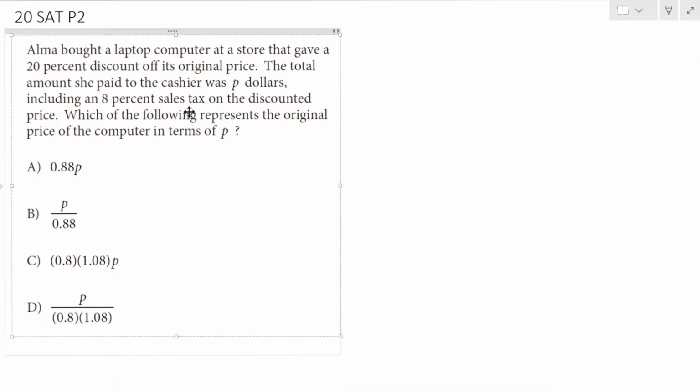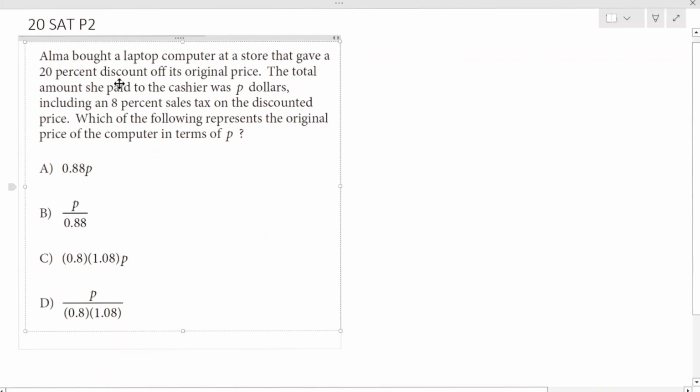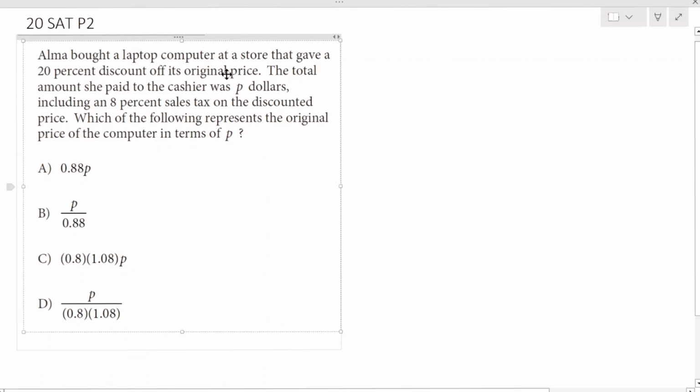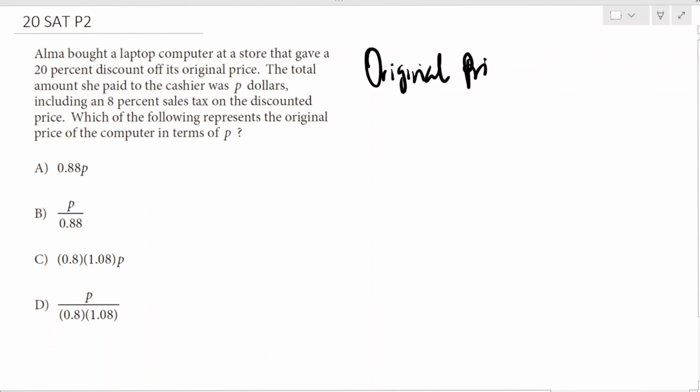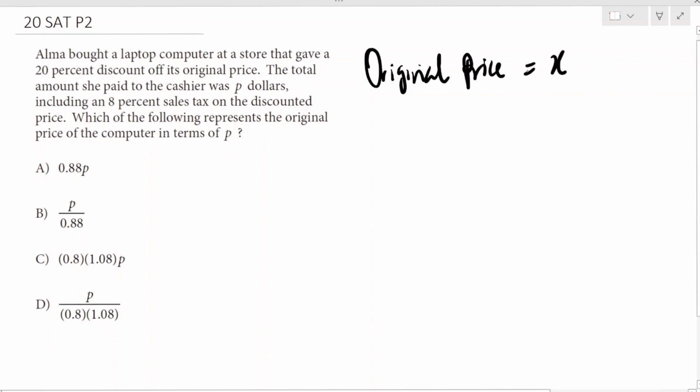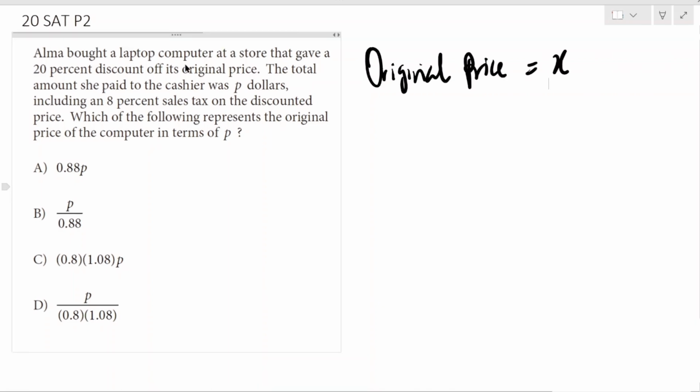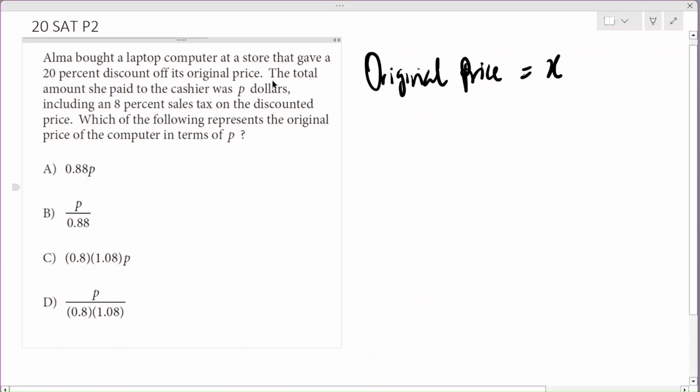Let's get out our facts. Alma bought a laptop at a store that gave 20% discounts off the original price. The original price, let's say it's X. If she gets 20% off the original price, she will be paying 80% of the price. 20% off means you'll be paying 80% of the actual, because the actual price is always taken as 100%.